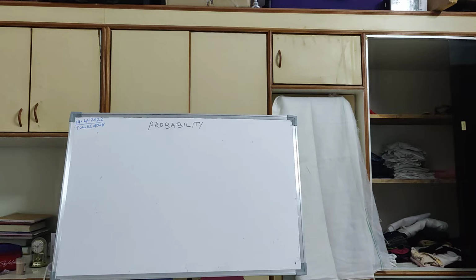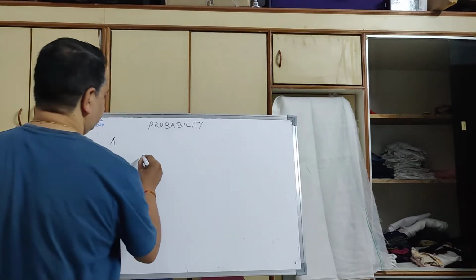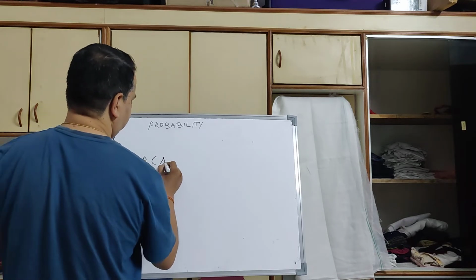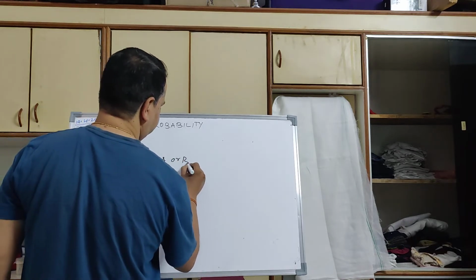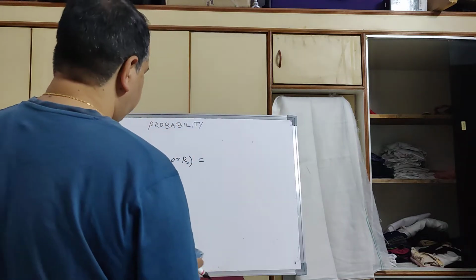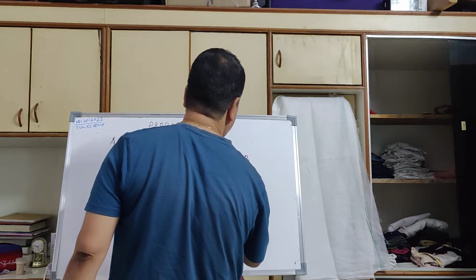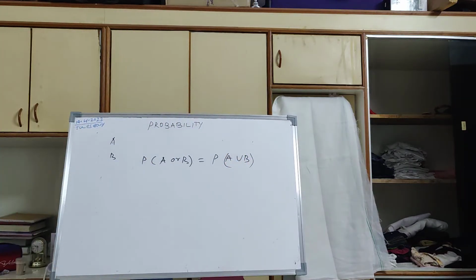Now, the probability of event A or B. We have an event A and an event B. So the probability of event A or B is equal to the probability of A union B. OR means union, that we know.